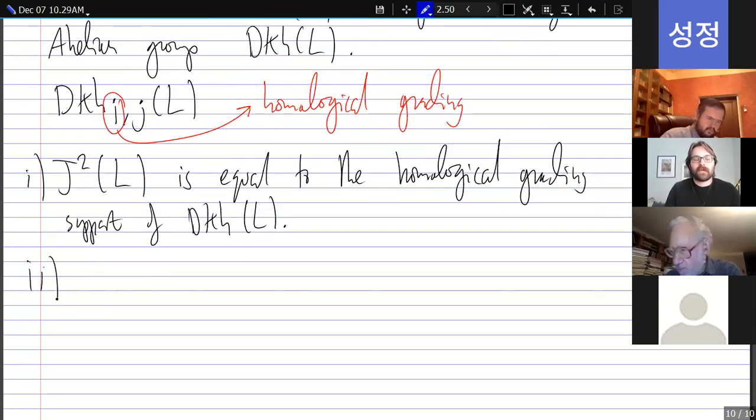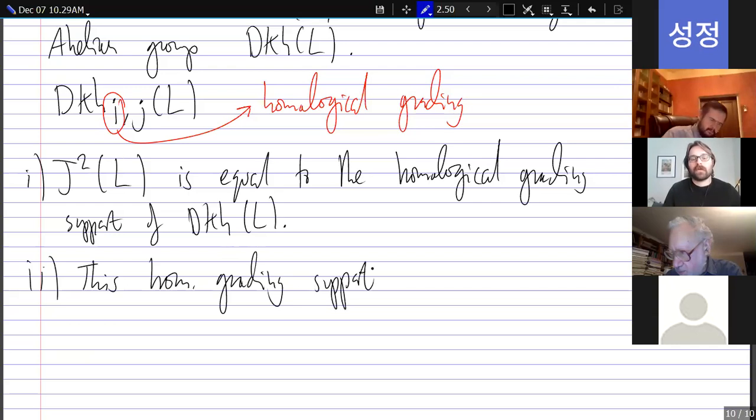And the second observation is that this homological grading support, so all these numbers in which this group has non-trivial homological grading, is a concordance invariant.